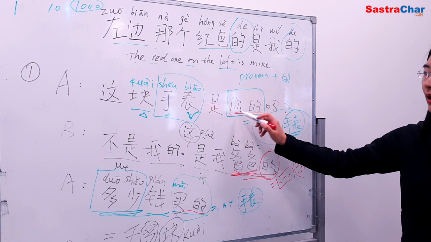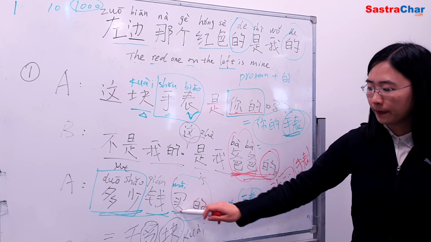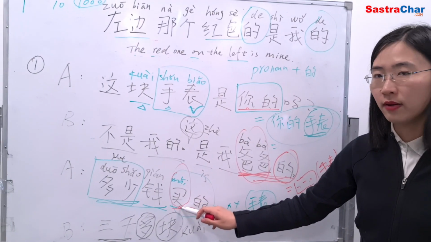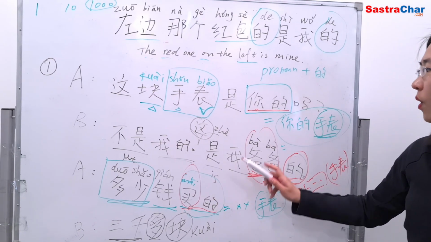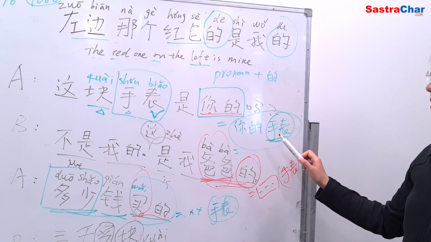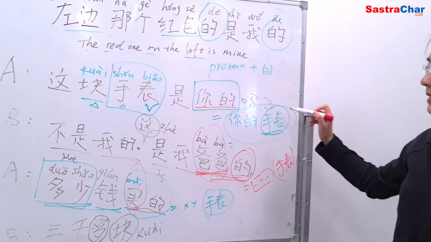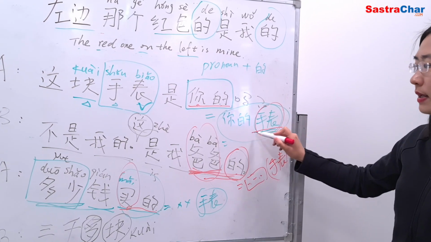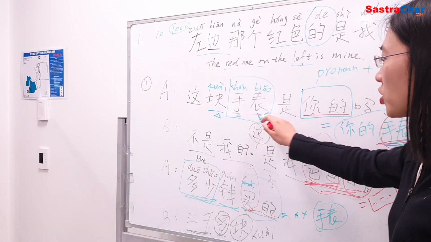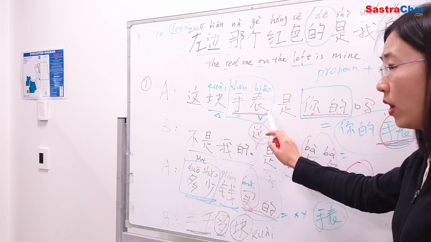So it is pronoun plus 的, it is noun plus 的, it is a verb plus 的. So all this kind of thing plus 的 equals a nominal phrase. And this nominal phrase, this noun, is actually what has been mentioned at the beginning, which is 手表, watch.